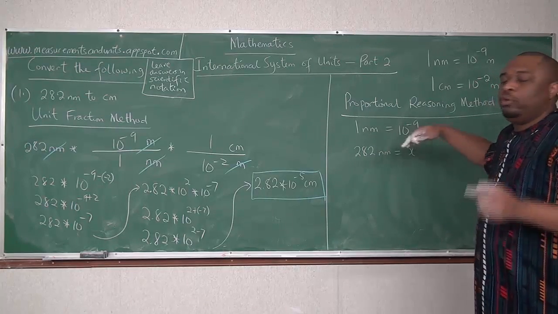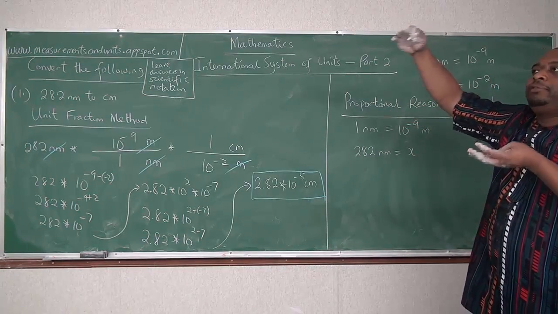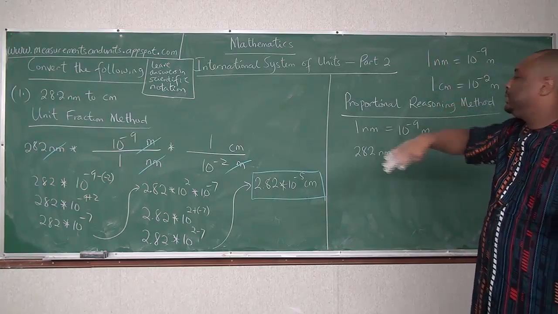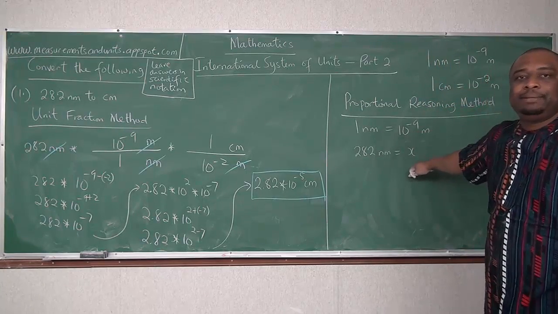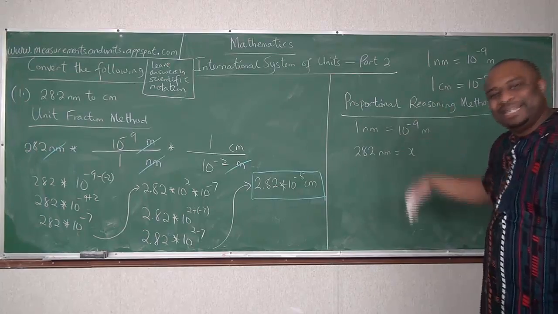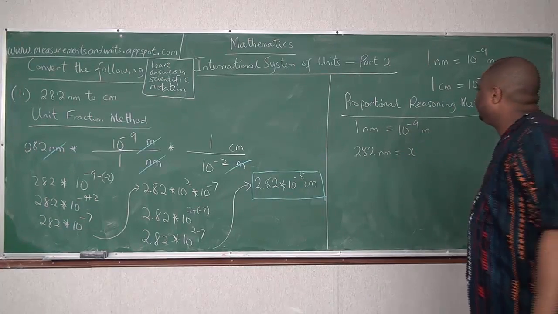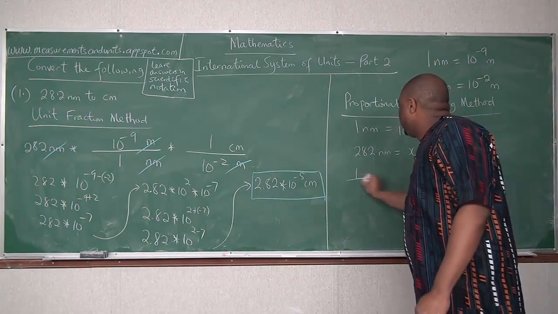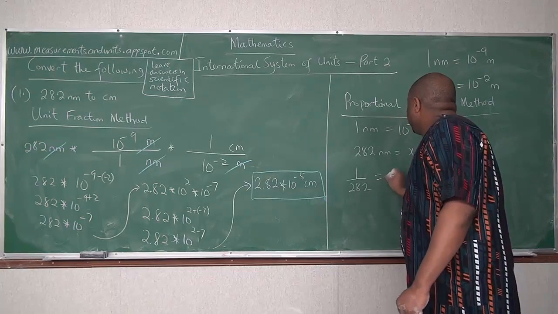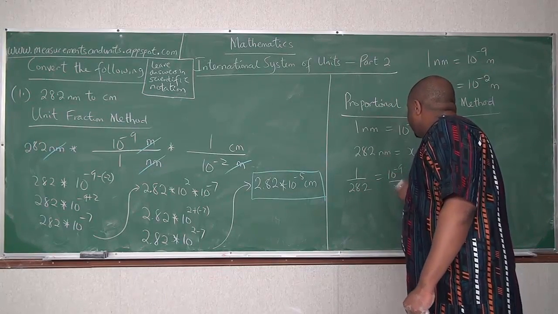With proportional reasoning, you have to do it in 2 steps. First step is get it in meters, then from meters to centimeters. So now I have that 1 over 282 is equal to 10 to the negative 9 over x.